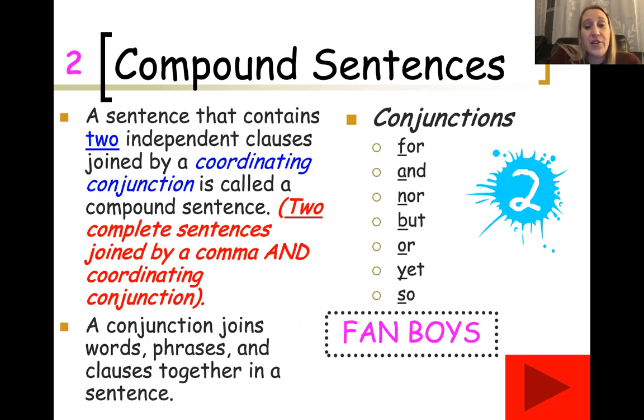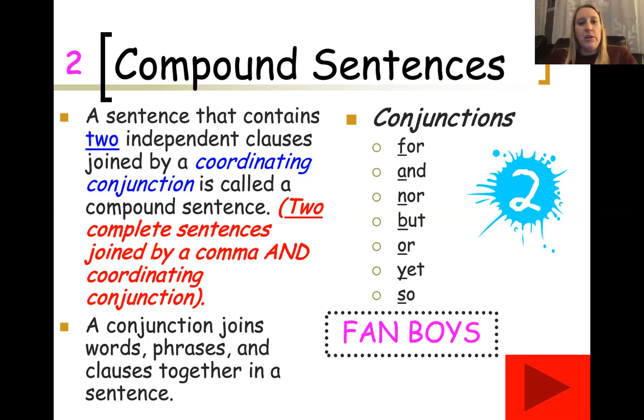Then we have compound sentences, and this is where we are going to use a comma. A compound sentence contains 2 independent clauses joined by a coordinating conjunction, or a FANBOYS, as I like to remember it, the acronym: for, and, nor, but, or, yet, so.